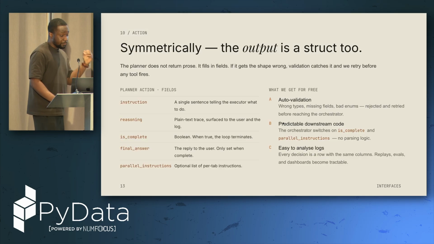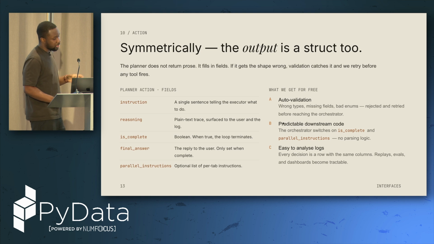After we've passed this to the planner, we expect an output. The output itself, again, would be a Pydantic object, a Python class such that we can easily parse this to facilitate downstream code.